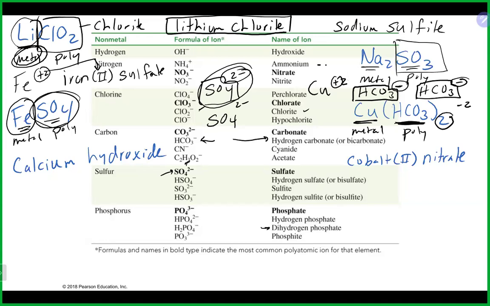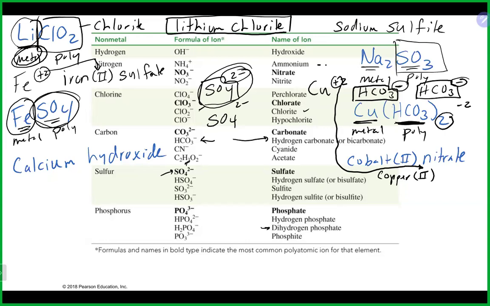And now I got everything I need for this name, right? That's going to be, go right underneath here, maybe. Copper Roman numeral 2. Once again, the 2 is for the charge. And again, it doesn't matter how many of those polyatomic ions there are. We're just going to use the name. And you do have a choice in this case. You could use bicarbonate if you want, or you could use hydrogen carbonate.